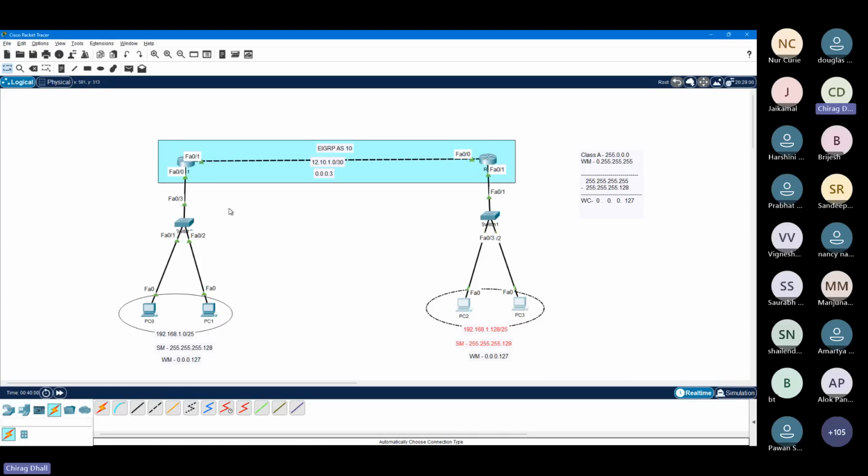When they are connected to the same router, for example R1 connected to both networks, 1.0/25 and 1.128/25, EIGRP used to combine them together into one advertisement. It would automatically summarize them into one big network instead of two smaller parts. To disable that auto-summarization feature, we have the command no auto-summary.